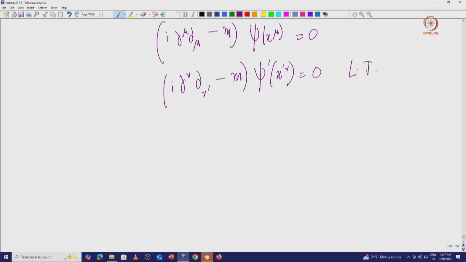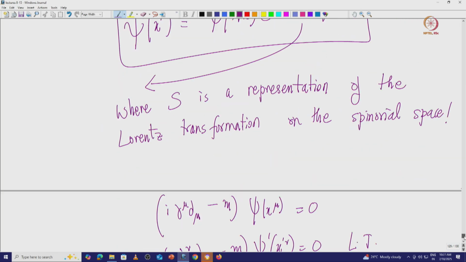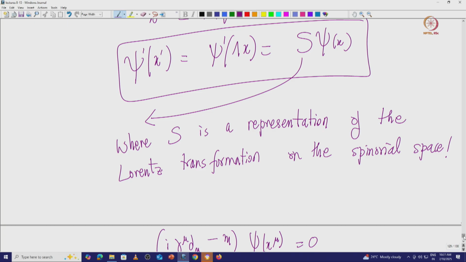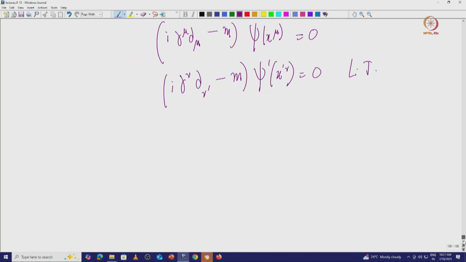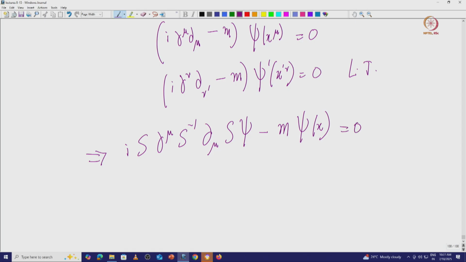Now, using this condition, how does the Dirac equation transform? I can use the S here, and use what psi prime is. So this would mean i S gamma^mu S inverse del_mu S psi minus m psi of x is equal to 0.